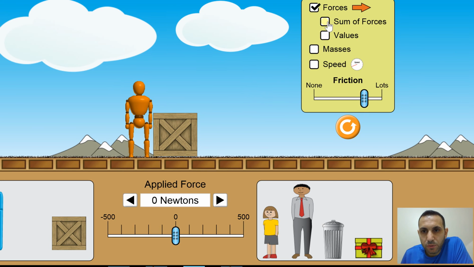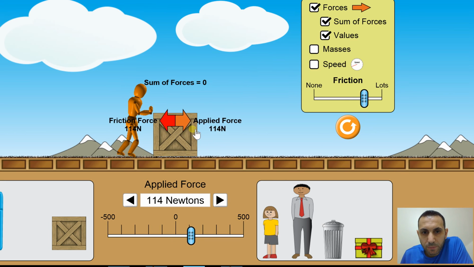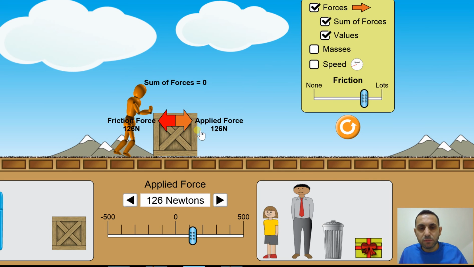See here, 125. Okay, 126, and the box is still not moving, simply because the surface now is more rough. The surface is more rough, so the frictional force is higher in magnitude.